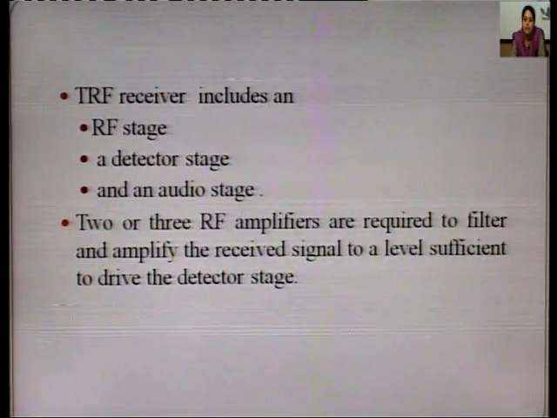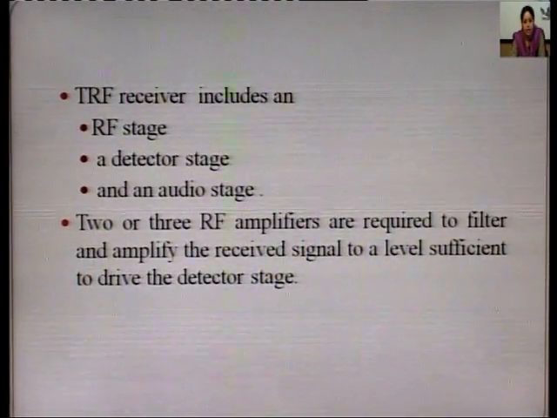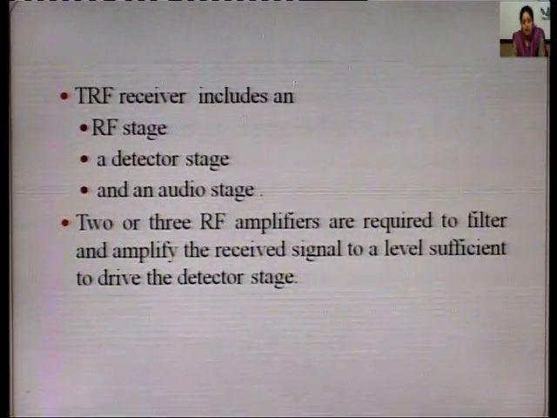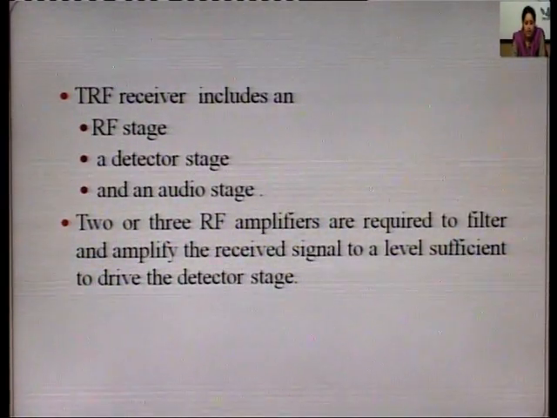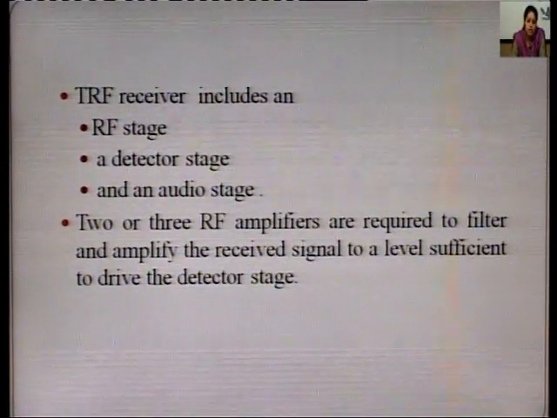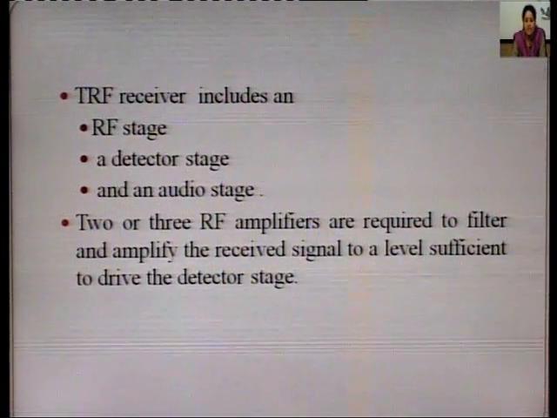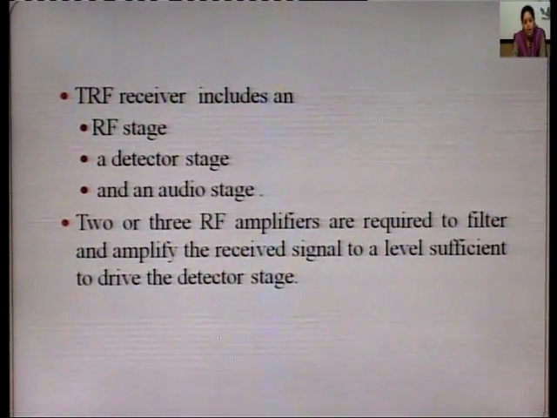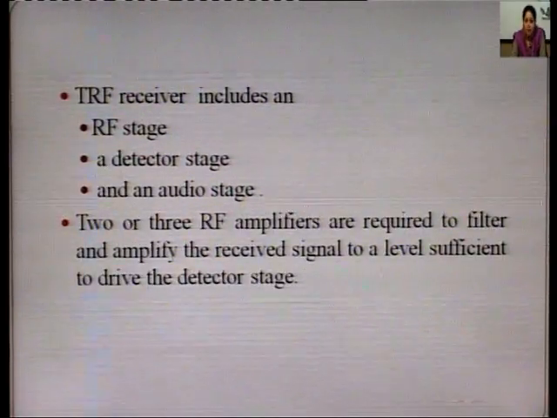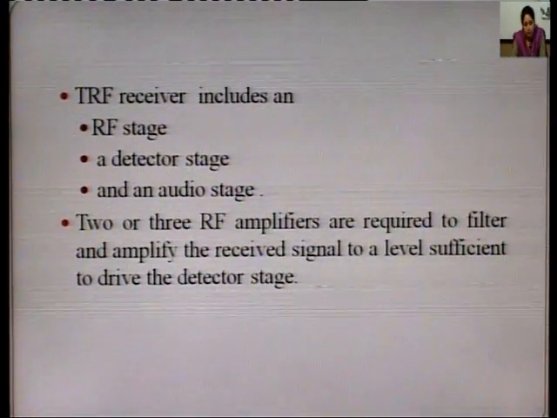Two or three RF amplifiers are required to filter and amplify the received signal to a level sufficient to drive the detector stage. Why are 2 or 3 RF amplifiers needed? We have covered this in EDC, in the topic of multi-stage amplifiers: multiple stages are needed so that you get the required level of power or amplification for your signal.